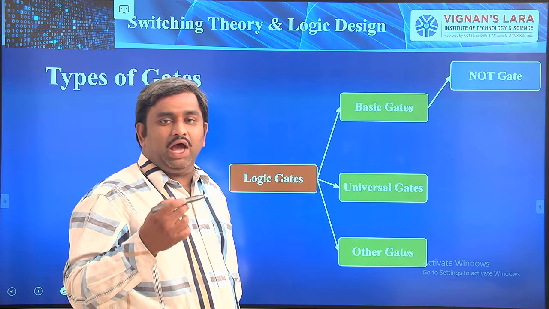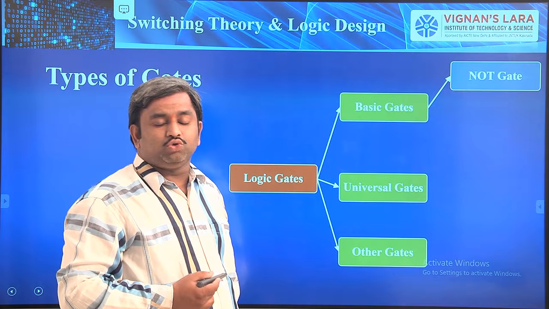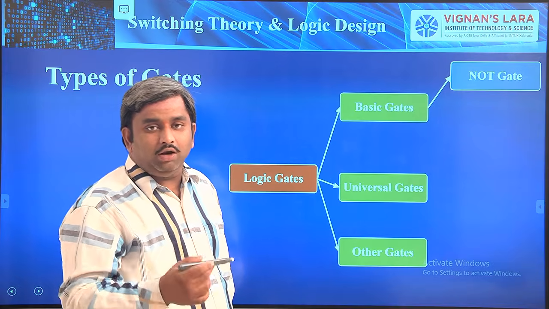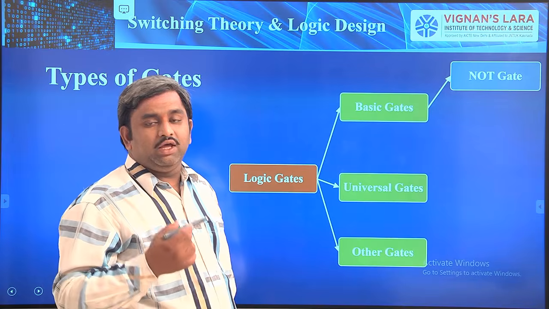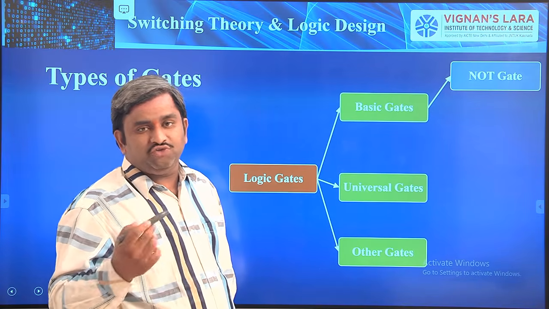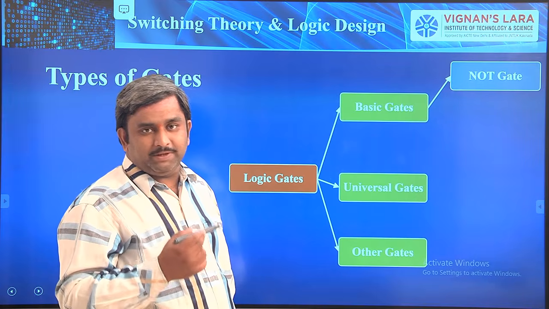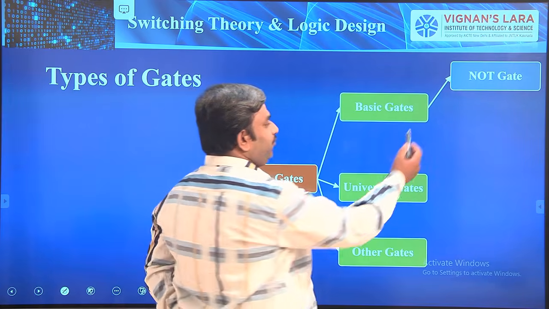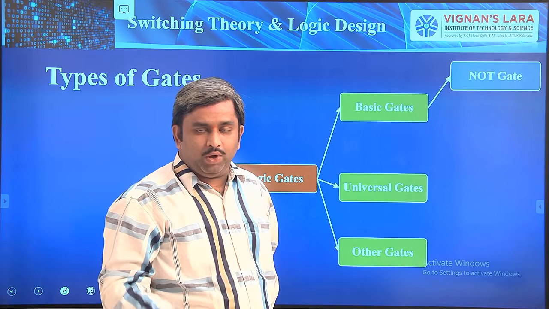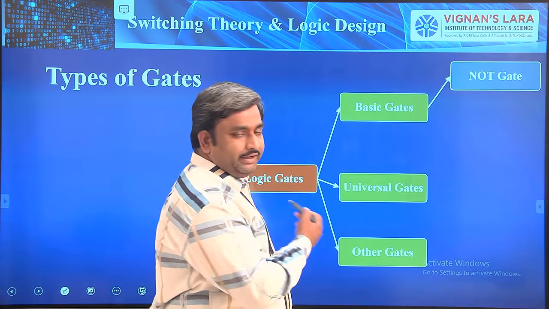In binary we have two modes of operation, 0 and 1, that is on and off conditions. Logic 0 represents the off condition and logic 1 represents the on condition. If you give 0 to the NOT gate, it will produce 1. We will see that in detail.